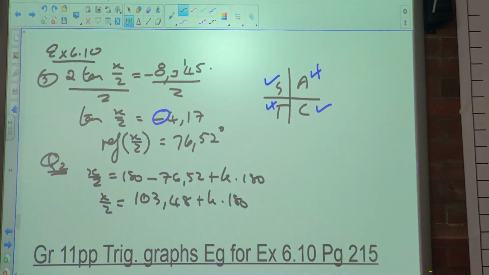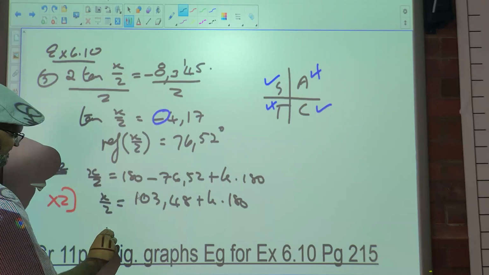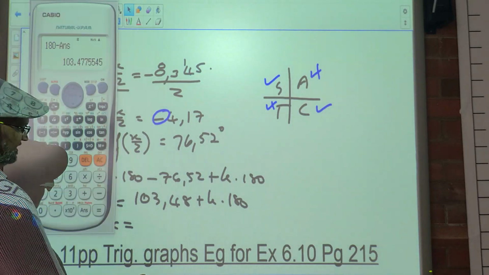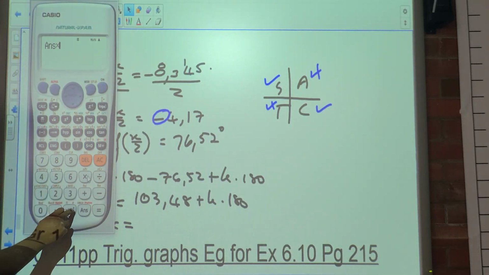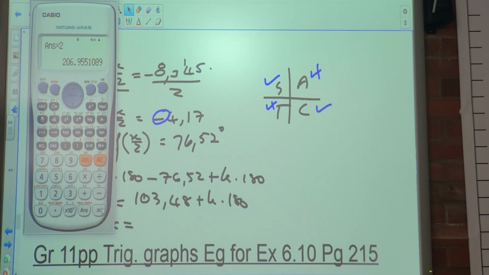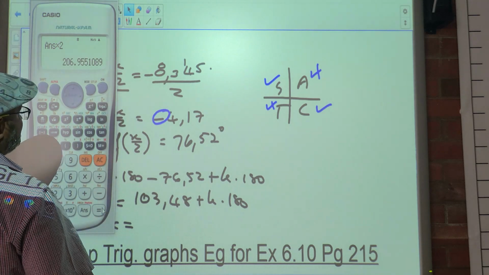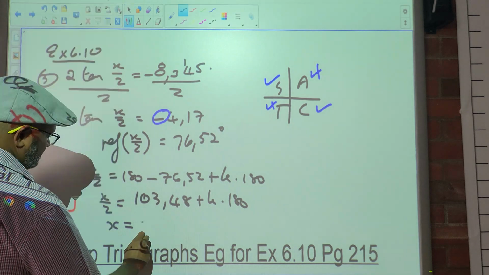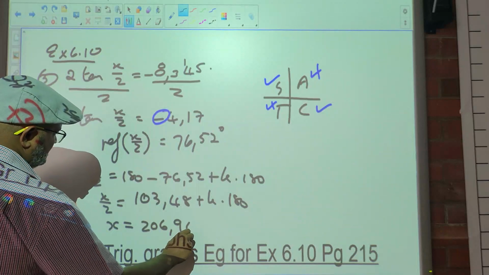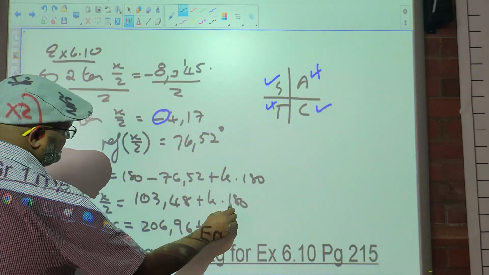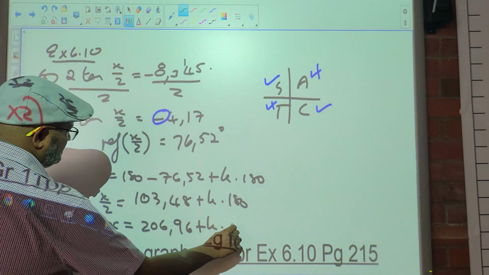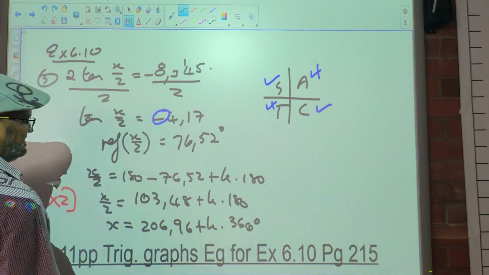How do I get x on its own? You multiply by 2 throughout. That will give us x is equal to 103.48 times 2, which is 206.96, plus k times 180 times 2, which is 360 degrees.